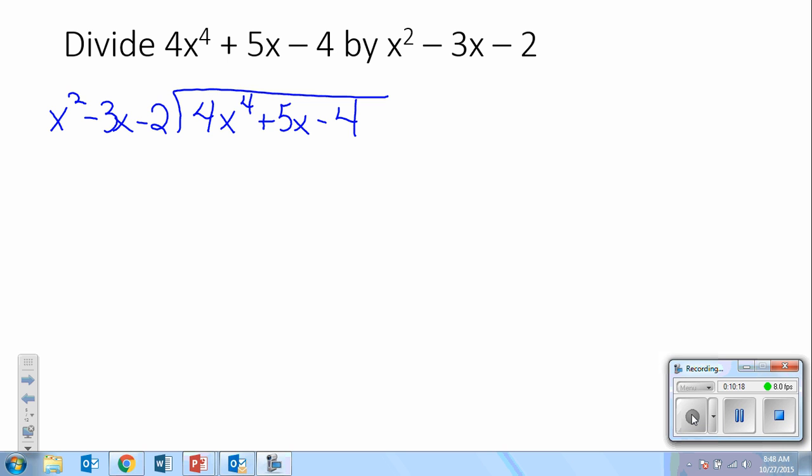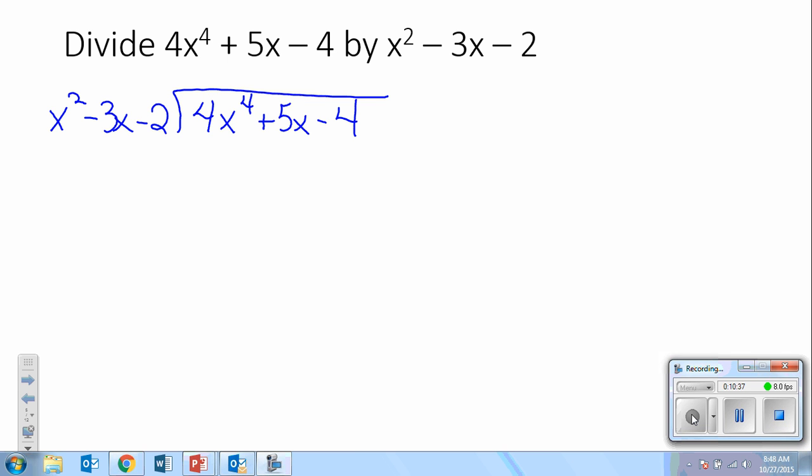What's different and unique about these is this one won't work with synthetic division. The only way we can do it is by long division. It's not simple enough to work with synthetic division. So we have to use long division, our big guns, to do this.